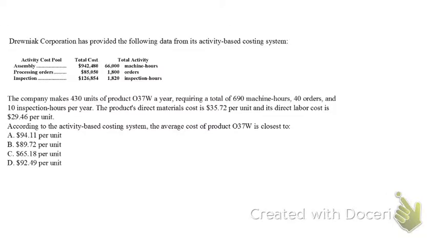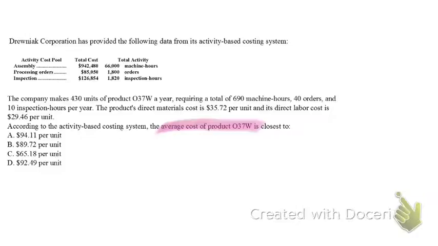The second question is question number 2, and this one I did in class, so I'll go ahead and do this one as well. We've got a couple of different activity pools here, and we're using activity-based costing, and we're looking at the average cost of the product, Q37W.